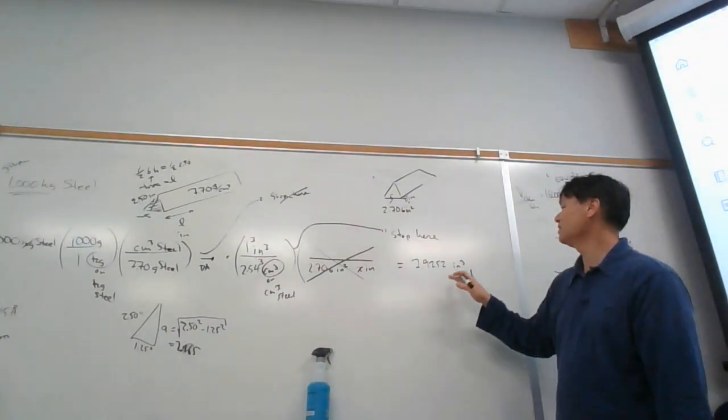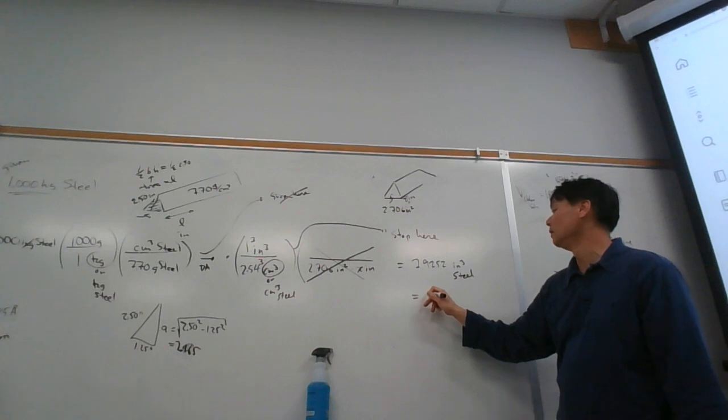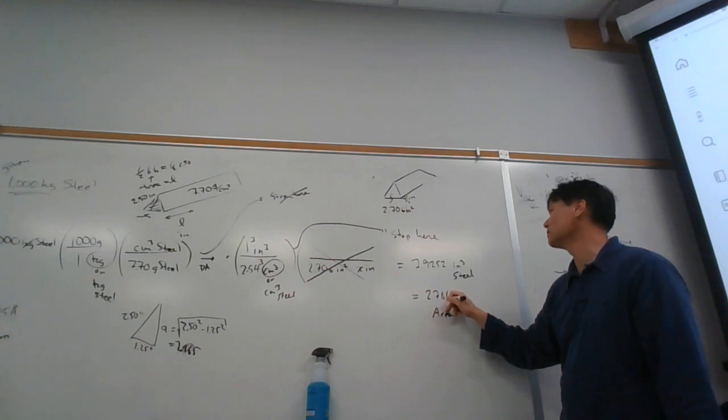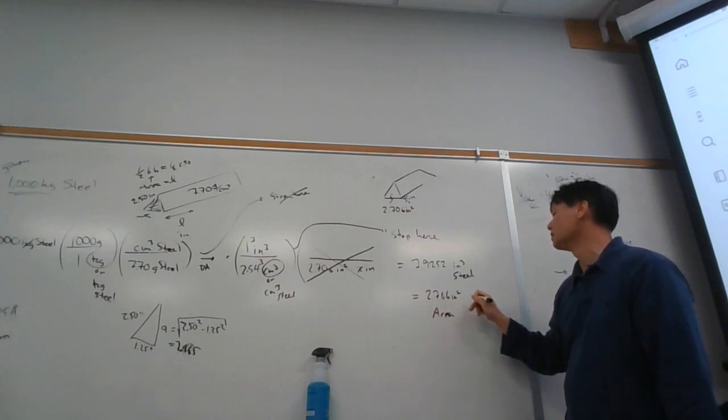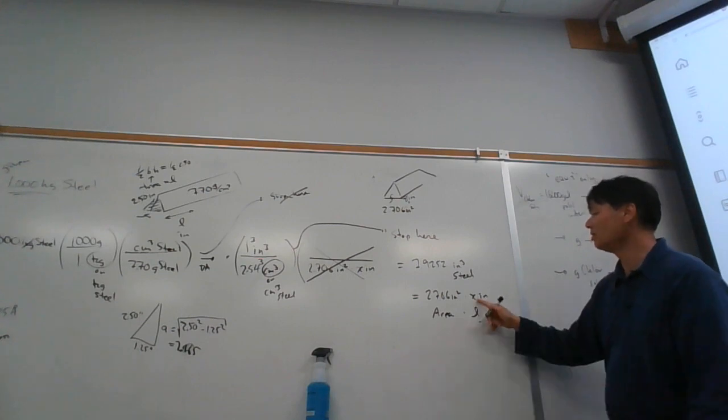All right, now this volume has to be equal to this, so that's going to equal the area, which is going to be 2.706 square inches, times the length, which is going to be x inches. Area times the length. And then just solve for the length.